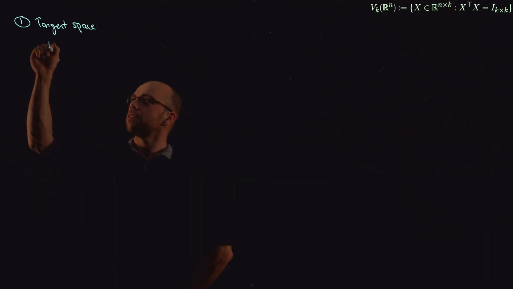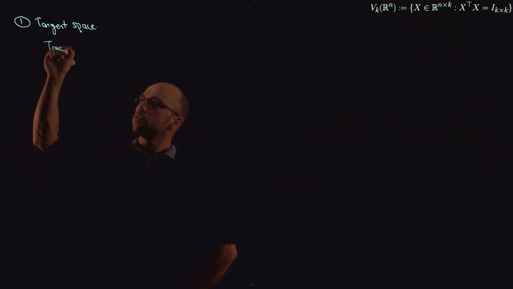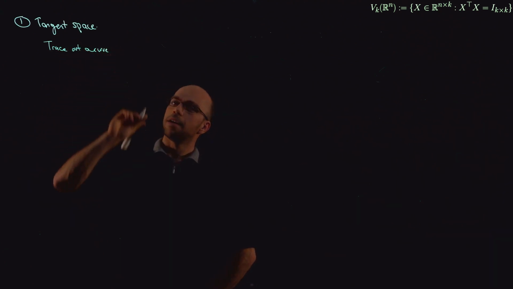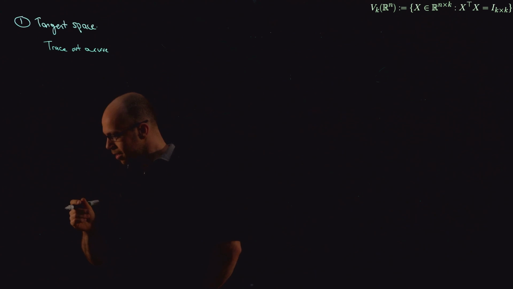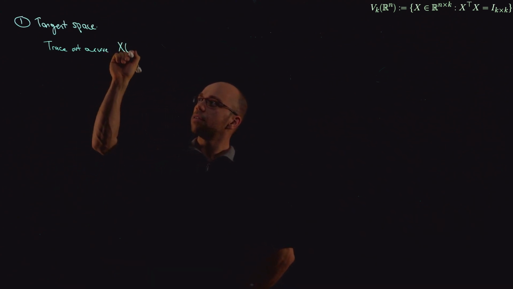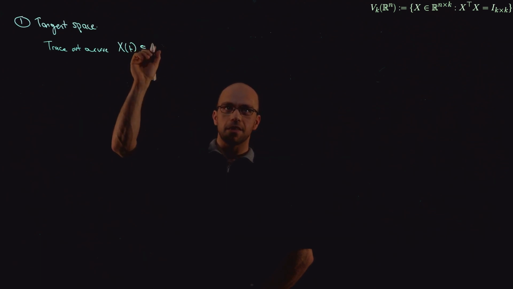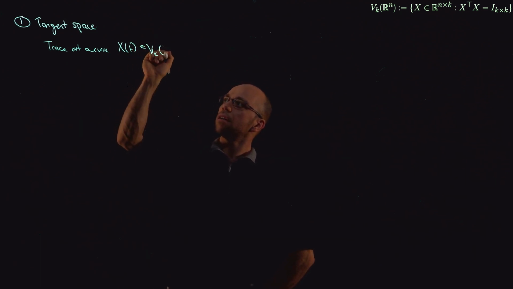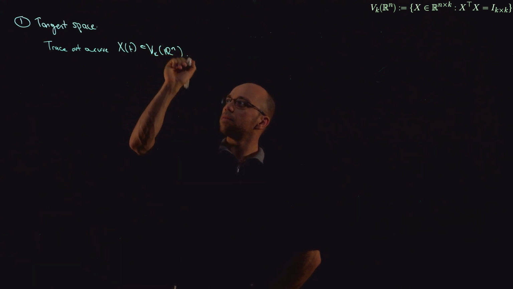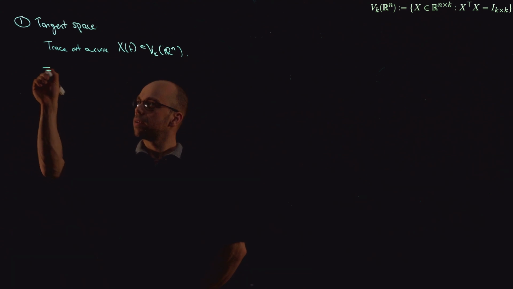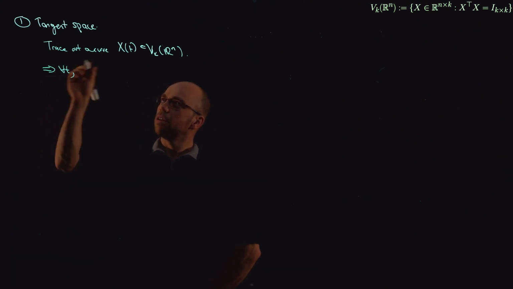So in particular, we can trace out a curve, and we'll call it x of t, where for every single t, this is inside of this space, Vk of Rn.